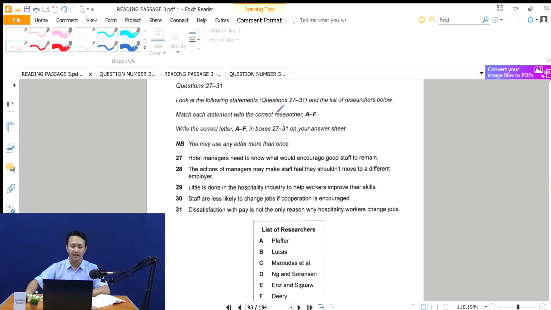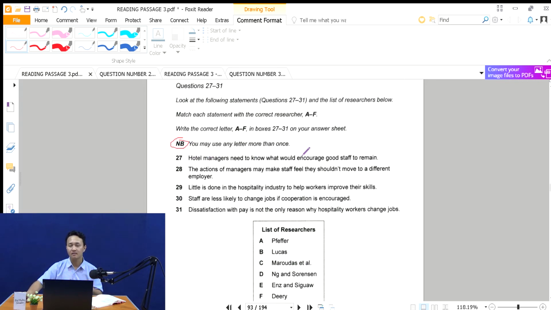In here it says write the correct letter A until F in boxes 27 until 31 on your answer sheet. It means you have to write an A, B, C, D, E, or F. Also be careful with the NB right here. It says that you may use any letter more than once.